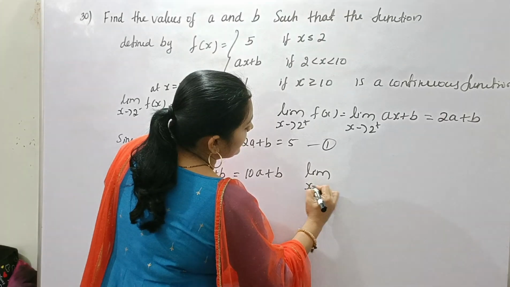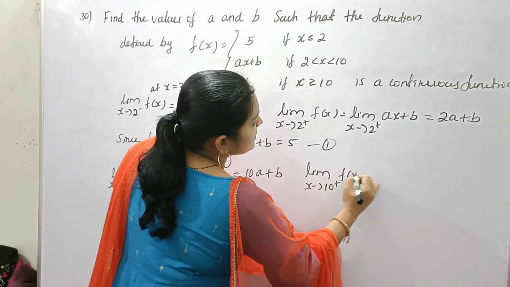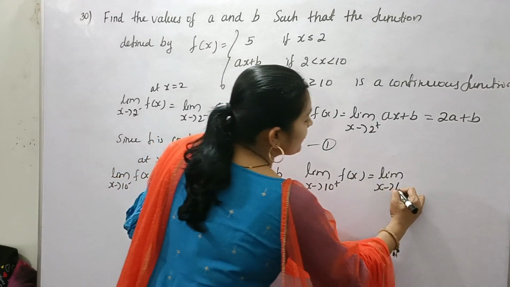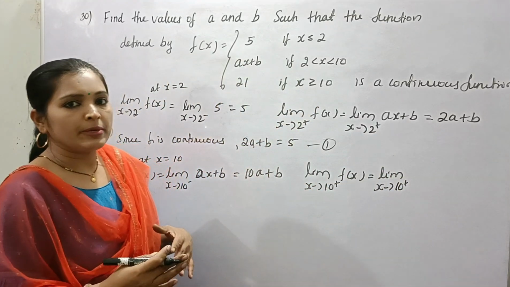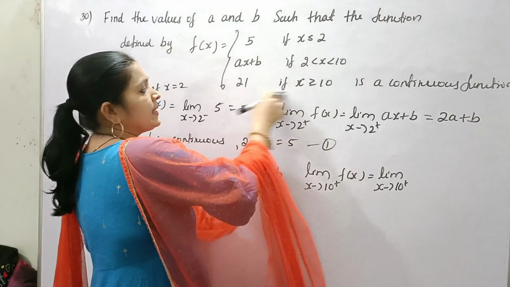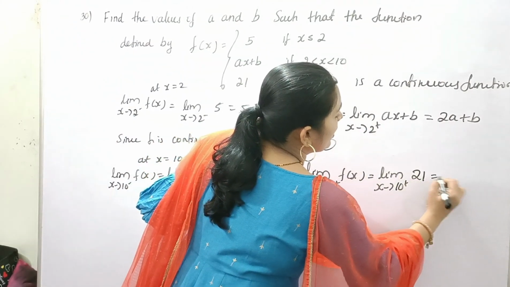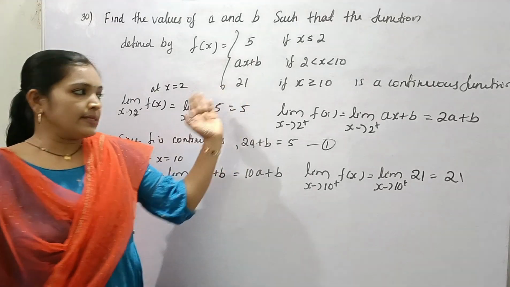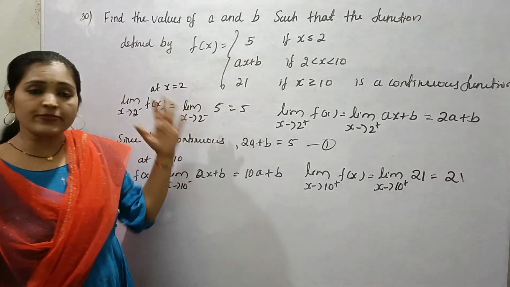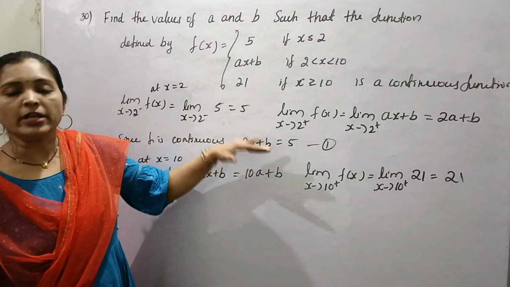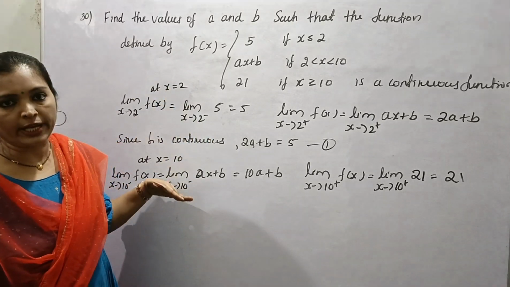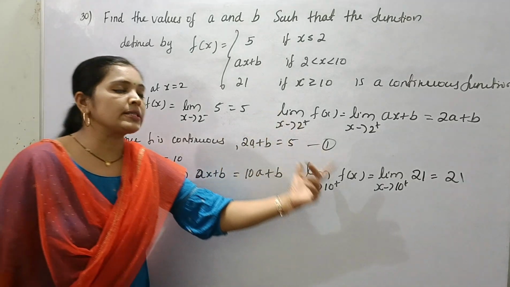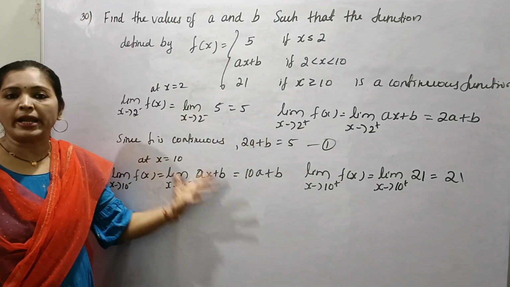Limit x tends to 10 plus f of x: 10 plus means x greater than 10. When x is greater than 10, f of x is equal to 21, the value is 21. Since f is a continuous function, it is continuous at x is equal to 10, so the left hand limit and right hand limit of the function at x is equal to 10 are equal.